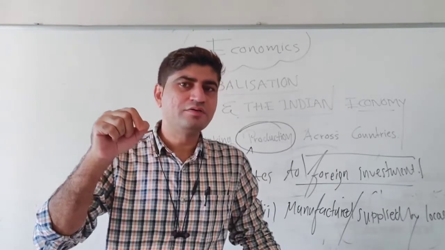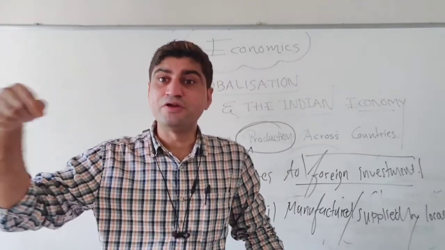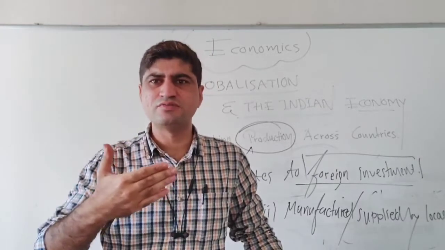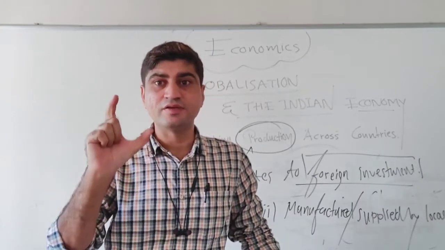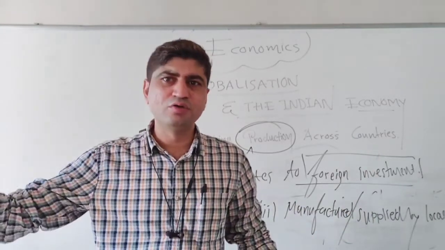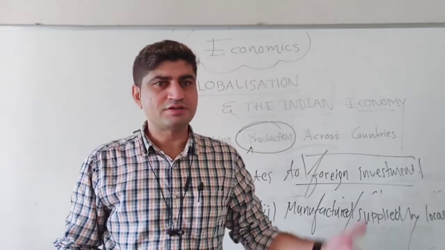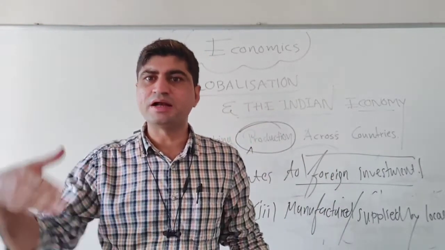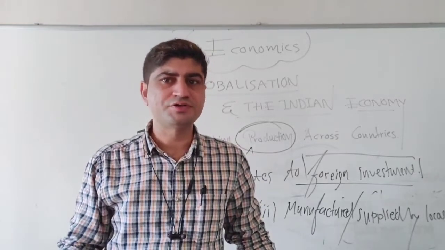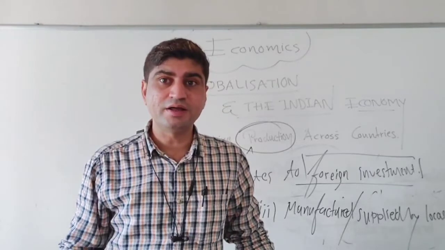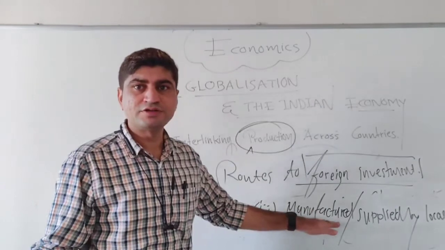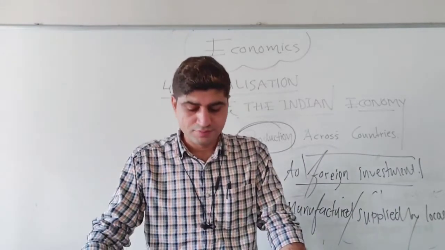One more thing we check is manufactured by. If you have chocolates or some food things, please read this, manufactured by. You will find manufactured by a local supplier. Yes, it has a brand name, legally marketed by Tropicana or any other multinational corporation, but manufactured by the local manufacturer. So this is the third way, manufactured or supplied by the locals.